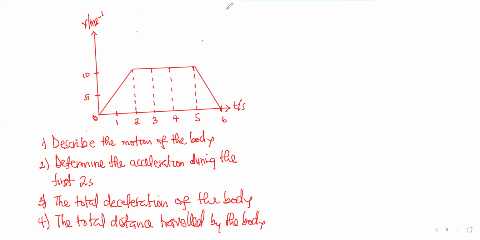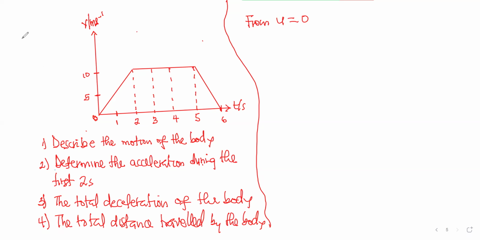All right, so listen. The body moves with a uniform acceleration. The body accelerates uniformly from rest. From rest means that the initial velocity is 0. The body accelerates uniformly from rest to a velocity of 10 meters per second, not 5.